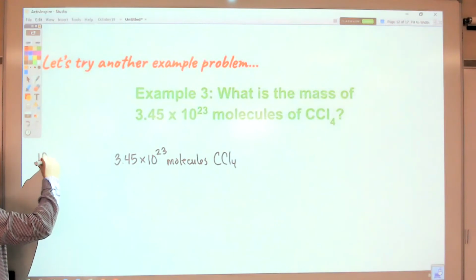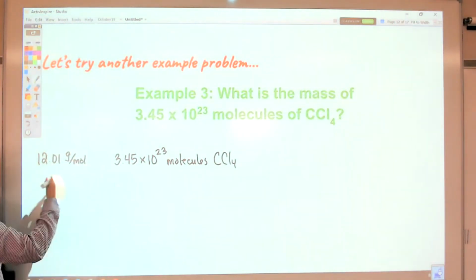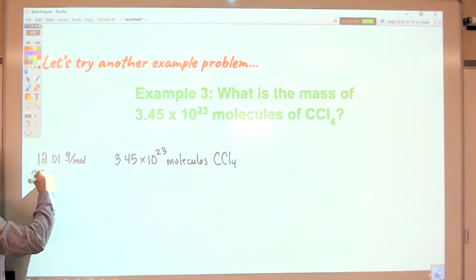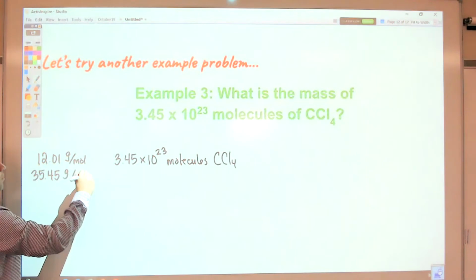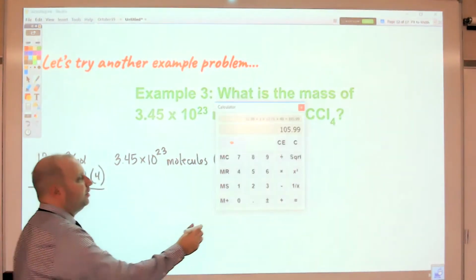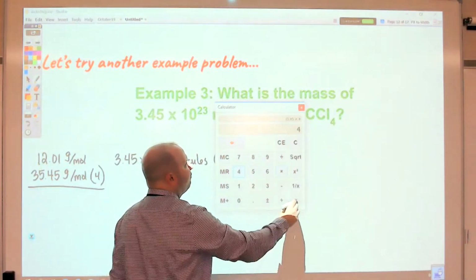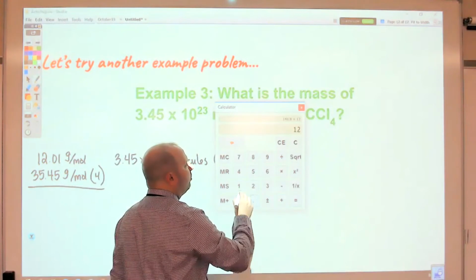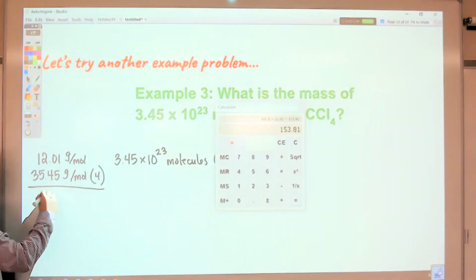So carbon is 12.01 grams per mole, and chlorine, this is off the periodic table, is 35.45 grams per mole. We're going to multiply that by 4. So if I take 35.45, multiply that by 4, add on my carbon, so I get a mass of 153.81.